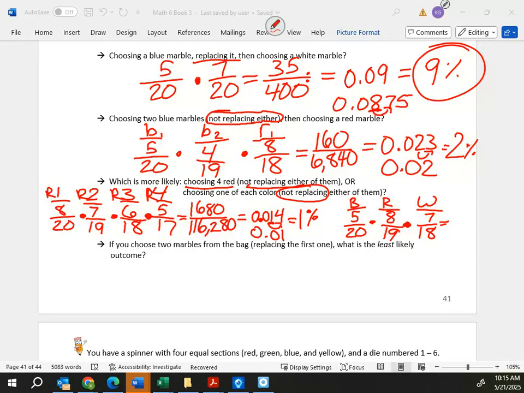Hudson? 280/6,840. What decimal do we get from that? Adeline? 0.04. Which is what percentage, Adeline? 4%.